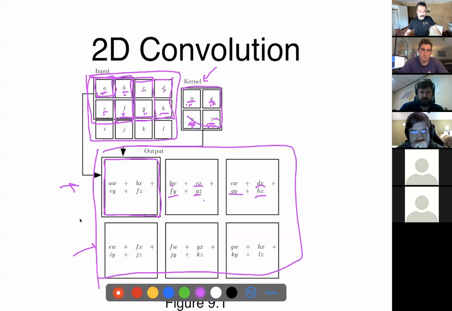Okay, and this output, in the terminology you might have heard, is typically called feature maps, right? So these are called feature maps. So basically each output you can think of as a feature that you have learned, okay?